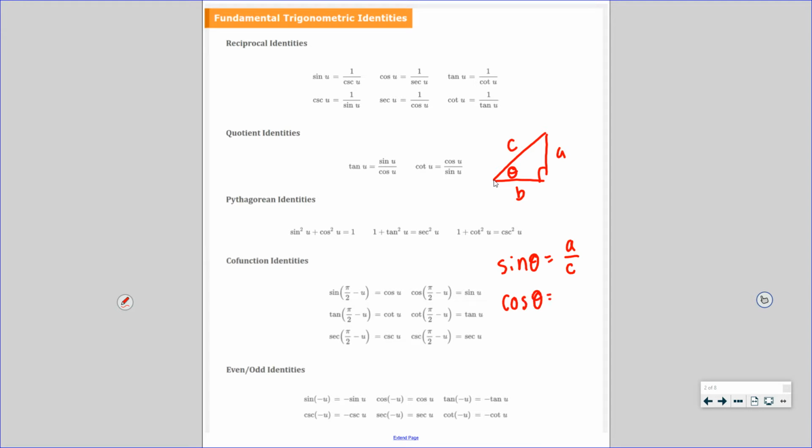Cosine would be b over c. Tangent would be a over b. Or I could also do sine over cosine and I get that same ratio as tangent. Okay.